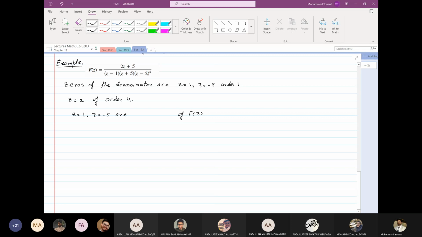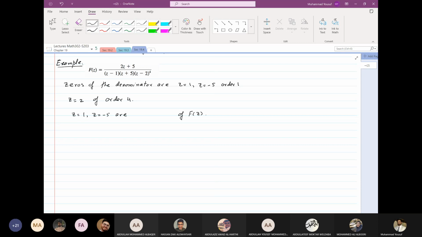Someone? No one? z equal to 1 and z equal to -5 are zeros of the denominator of order 1.